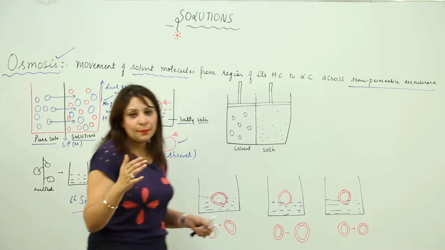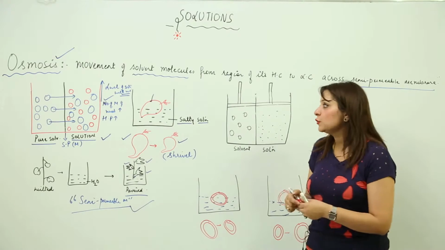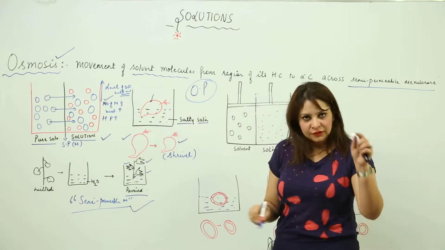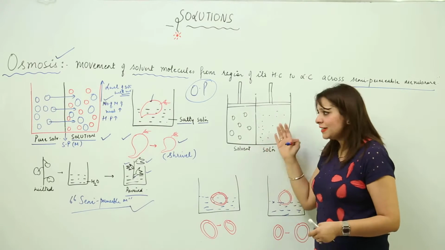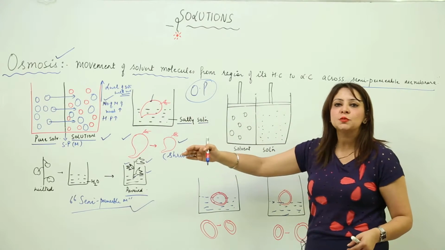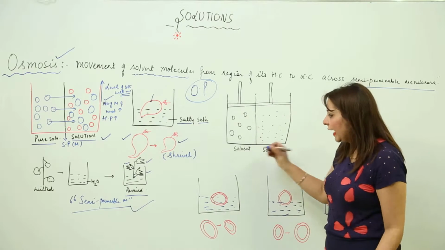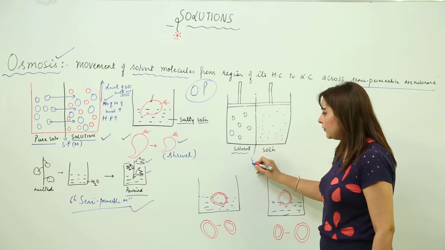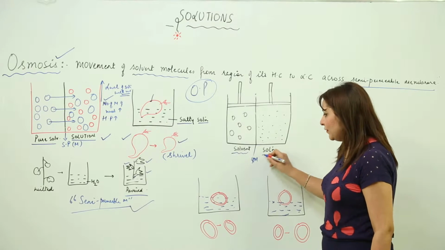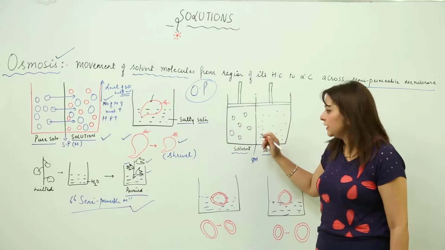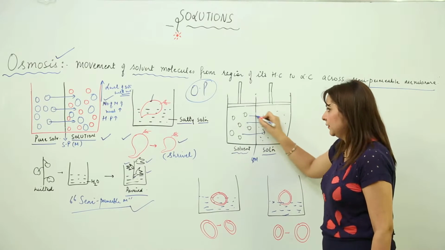Now we are going to start with a new term, that is osmotic pressure. Just look at this figure. It is similar to the previous one, but just to explain osmotic pressure, I am considering a different figure. Again, we have a solvent, a semi-permeable membrane, and a solution. Solvent particles are more on this side and less on this side, so they will move this side.